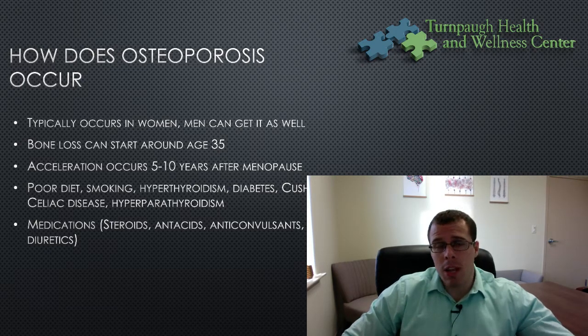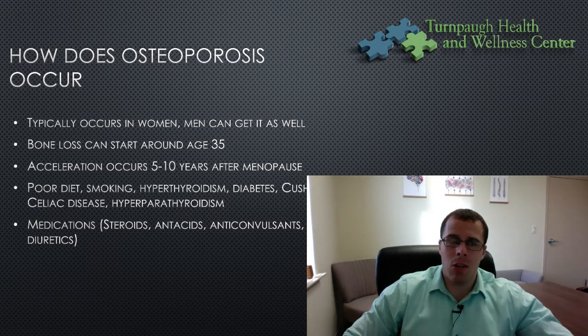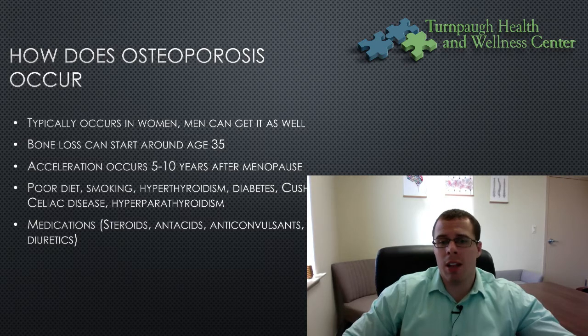Also, people that are taking medications, now this isn't to say stop taking medications, please don't do that, but I just want you to be aware that certain medications increase the risk of demineralization, such as steroids like prednisone, antacids like Tums and things like that over the counter, and anticonvulsants like Keppra and Ativan.